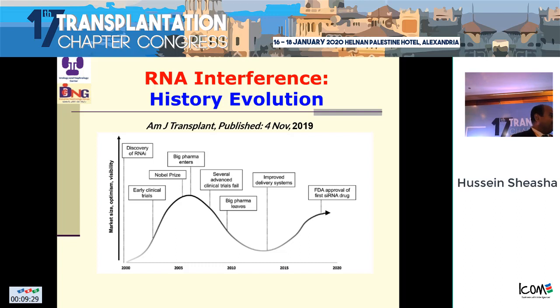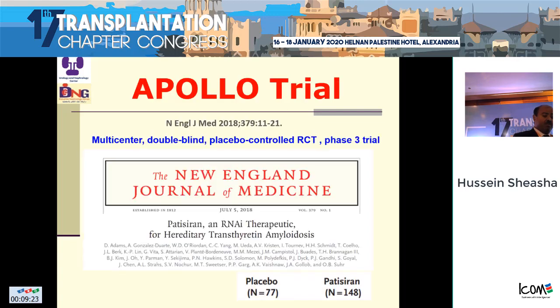Until 2019, when FDA approved the first RNA interference therapeutic based on the APOLLO trial, which was a multi-center, double-blind, placebo-controlled phase 3 study that assessed patisiran, which was used for treating hereditary transthyretin amyloidosis.